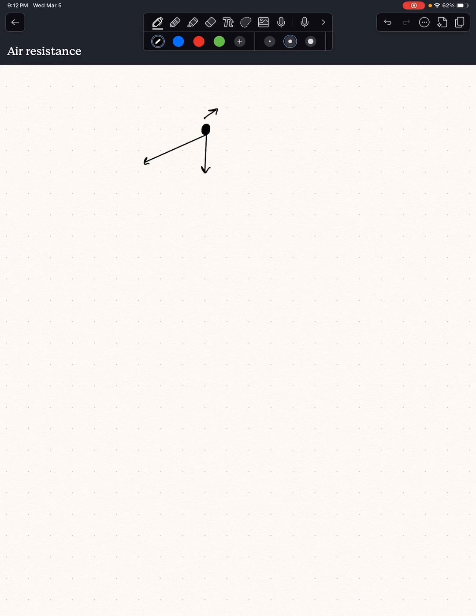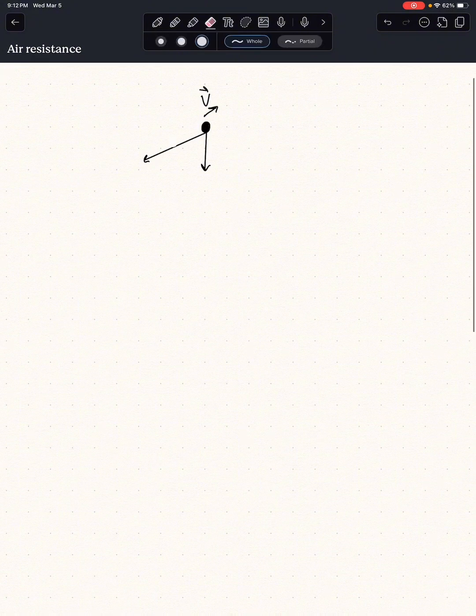Say this ball was just thrown up, so it has some velocity moving up and to the right. This ball will be subject to some weight force down and some drag force opposite to the direction of the velocity.